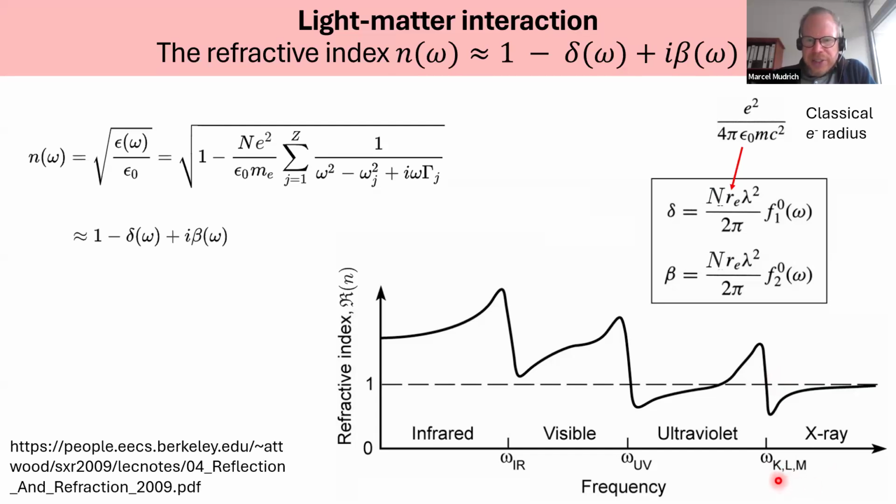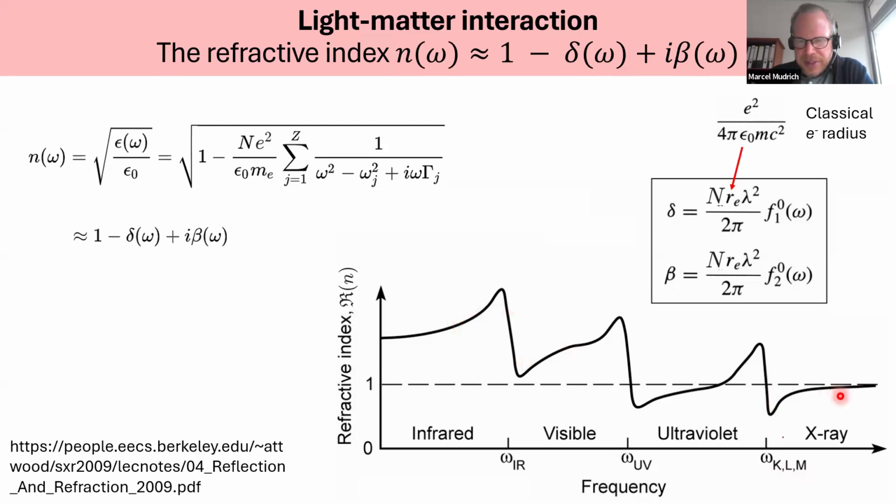The K shell is the innermost one, the N equals 1 shell, which is the 1s shell. Then L is N equals 2, M is N equals 3, and so on. So these are the inner or core shells, and of course it takes much more energy to excite or ionize an electron out of the core shell. So this is in the X-ray range.